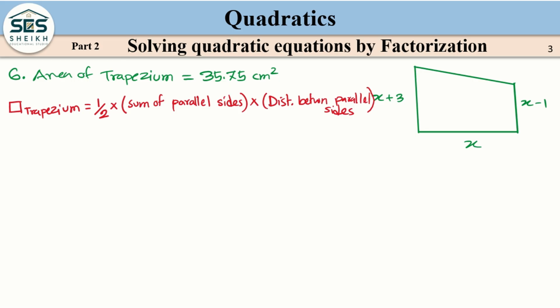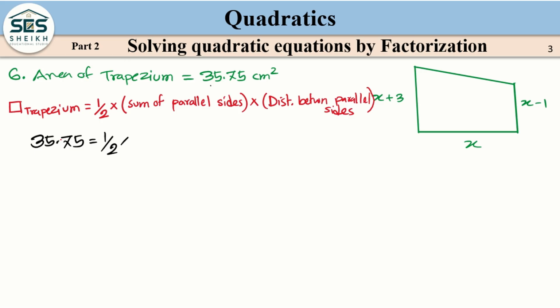So our area of trapezium, it is actually given. So 35.75, it is actually given.